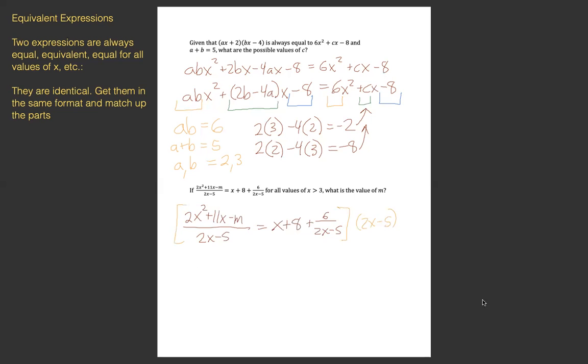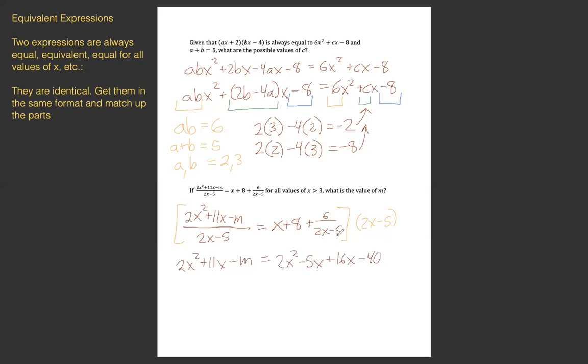Okay, so on the left side, that works out easily, just the 2x minus 5s cancel. So that's great. On the right side, we've got to multiply this in. X times 2x minus 5 is 2x squared minus 5x. 8 times 2x minus 5 is plus 16x minus 40.